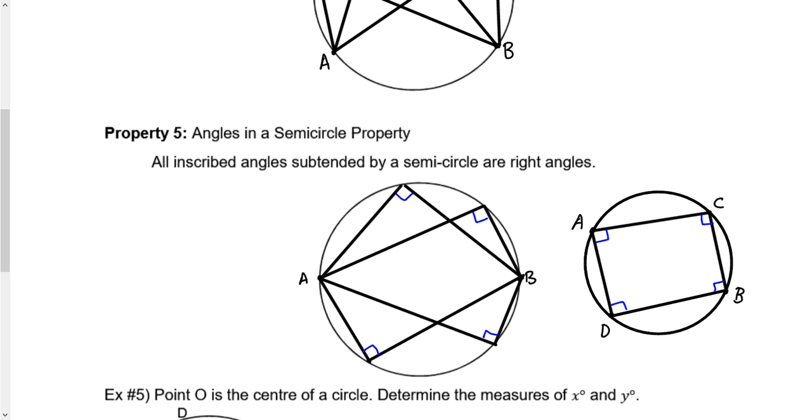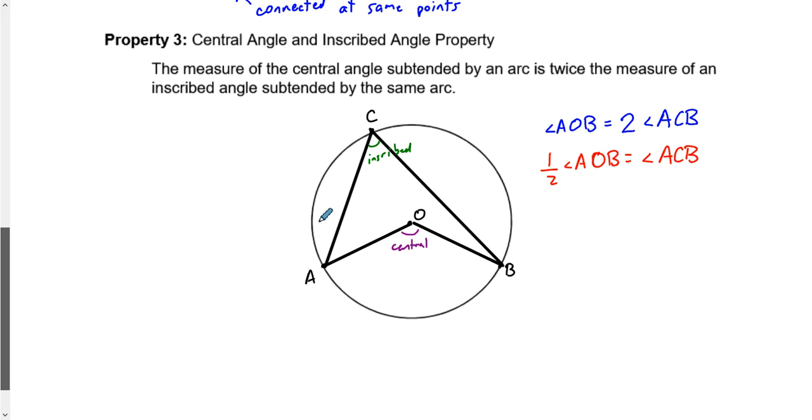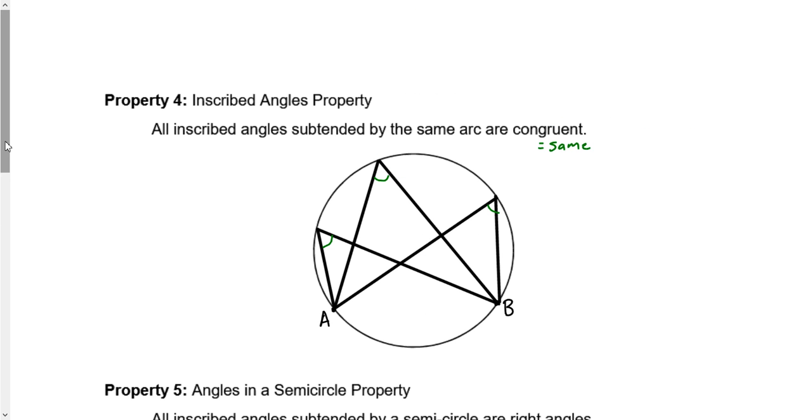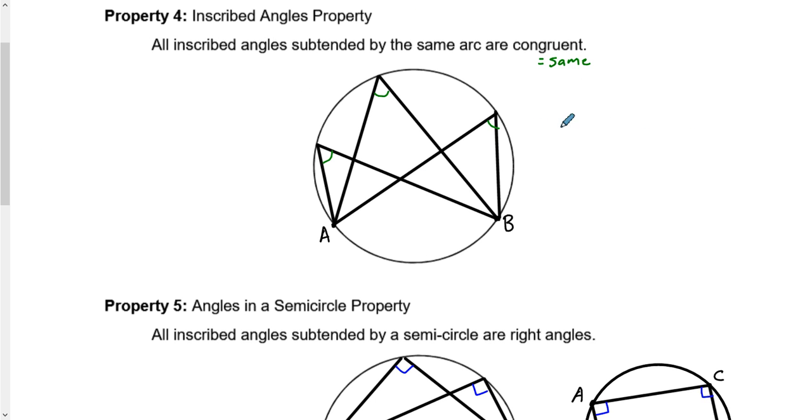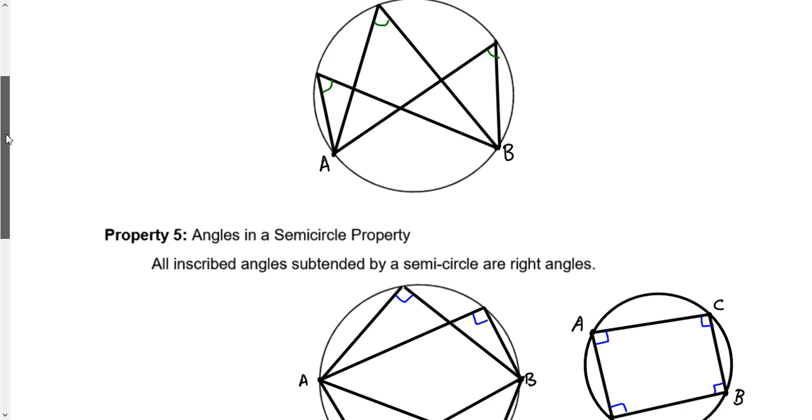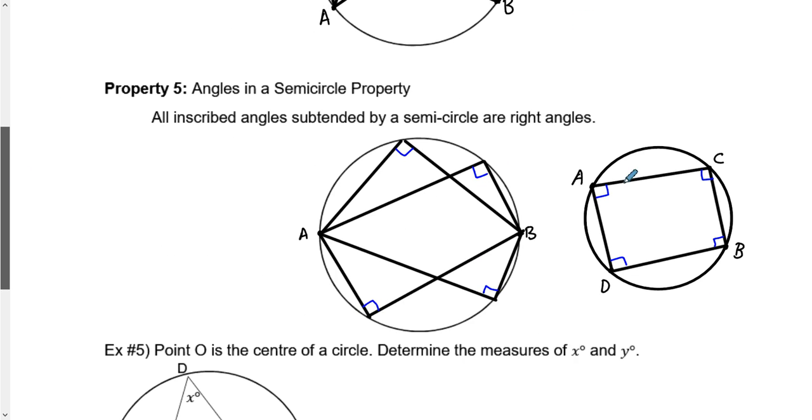So the three properties, talking about inscribed and central angles: the central angle is twice the size of the inscribed angle. All inscribed angles subtended by the same arc are the same, and inscribed angles from a semicircle are always going to make a 90-degree angle.